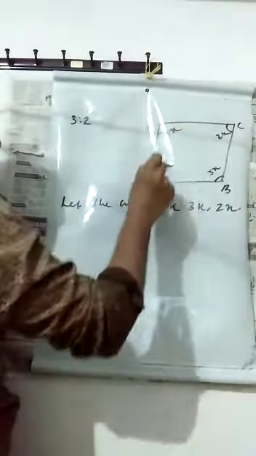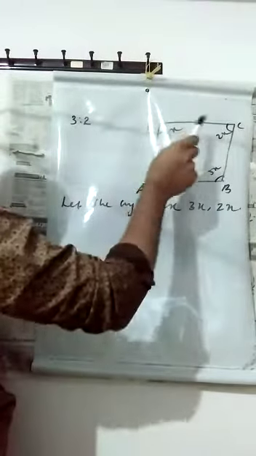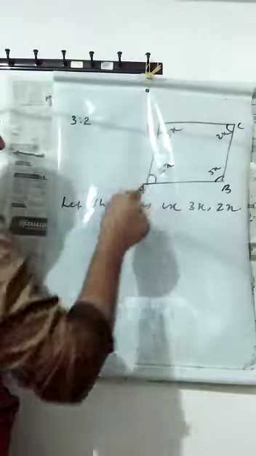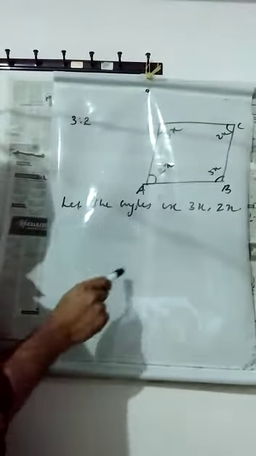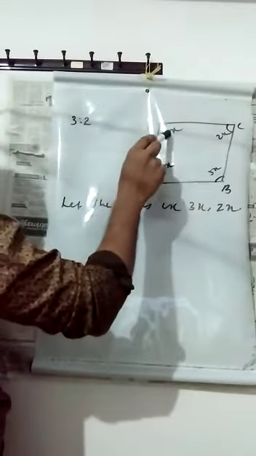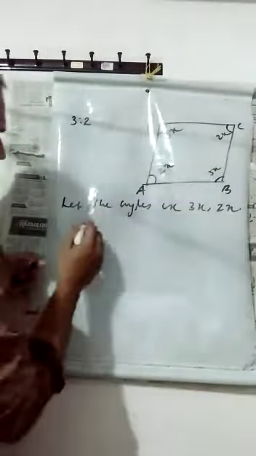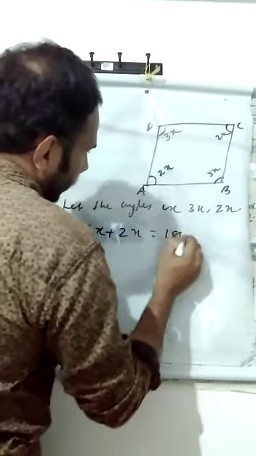You know that when two parallel lines are cut by a transversal, the sum of the interior angles on the same side is supplementary, that is 180 degrees. So 3x plus 2x equals 180 degrees.